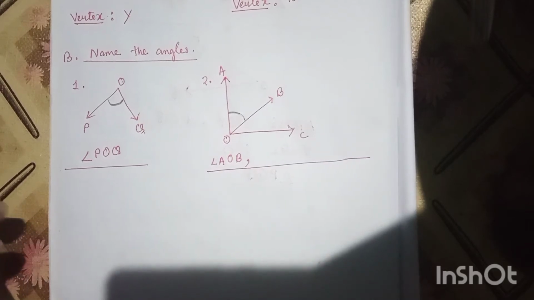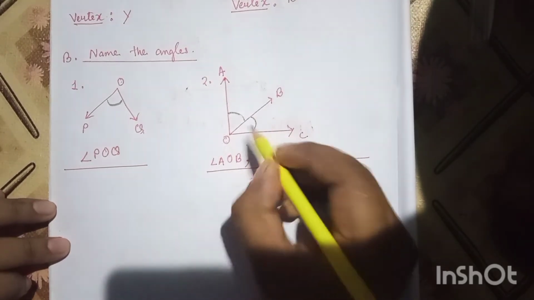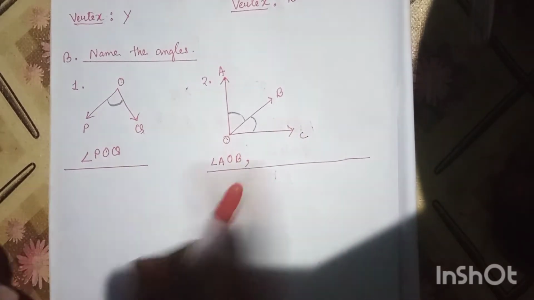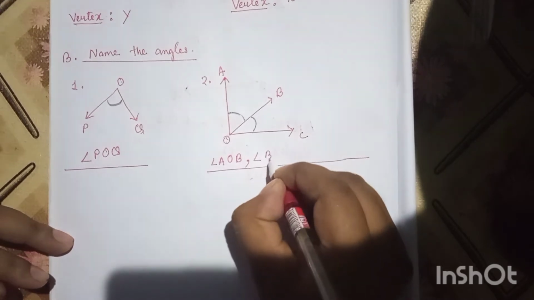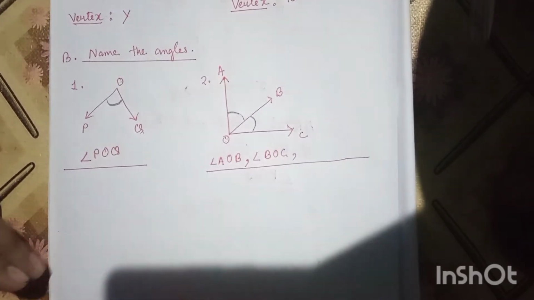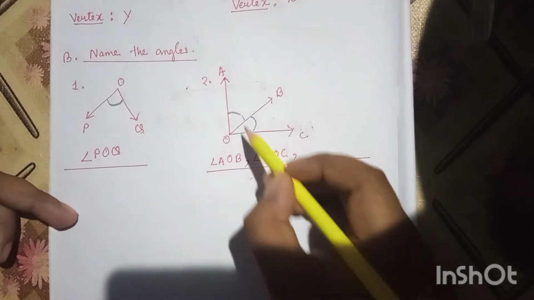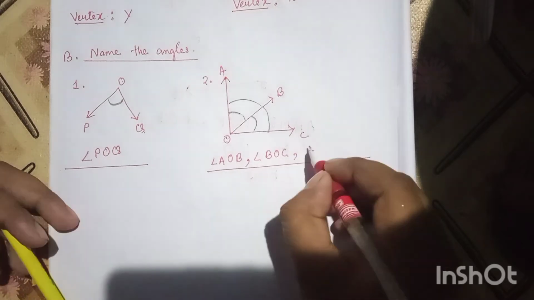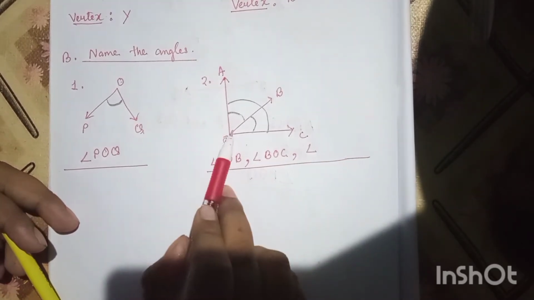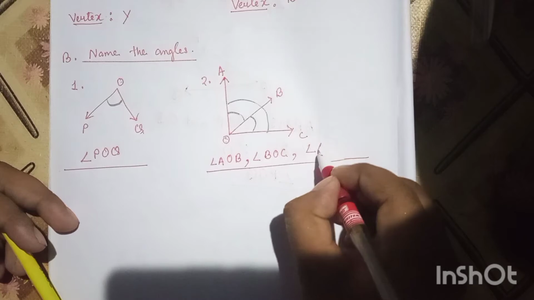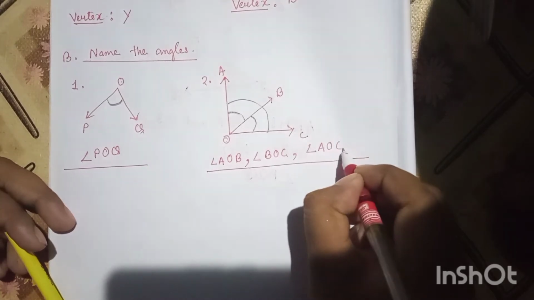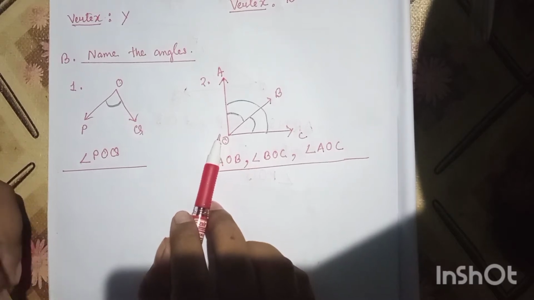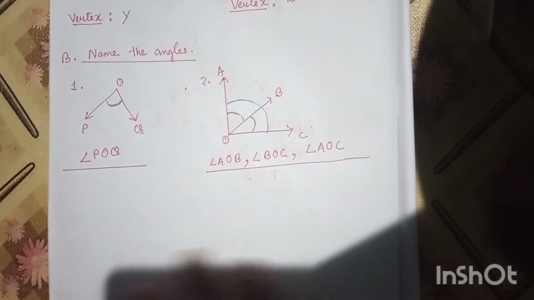There is another angle, that is angle BOC. If you look carefully, you will notice one more angle, the big angle, that is angle AOC. So in one figure, it is possible to have more than 2 or 3 angles.